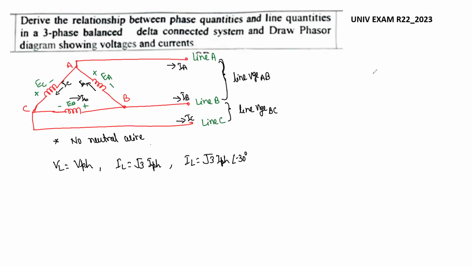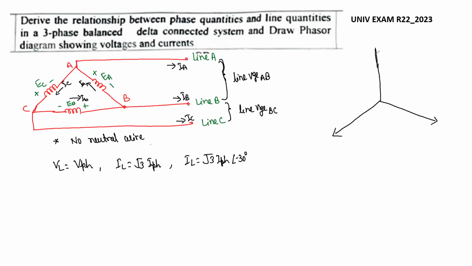It has three phases, and the total angle around a point is 360 degrees. So you can have three lines, all separated by 120 degrees. Approximately you can draw it like that.